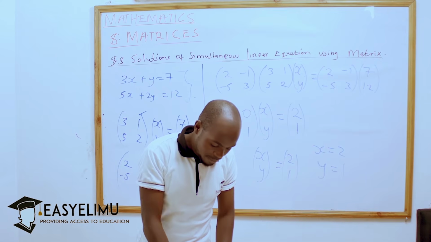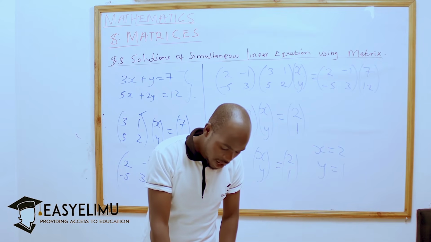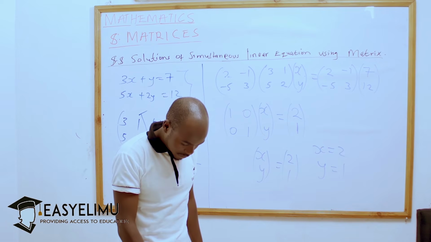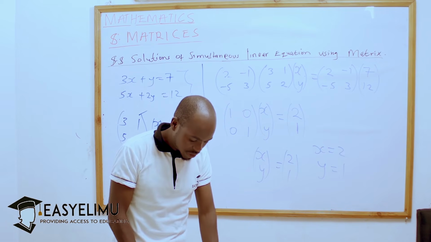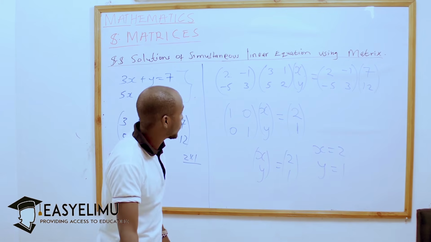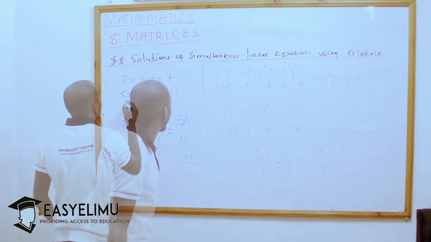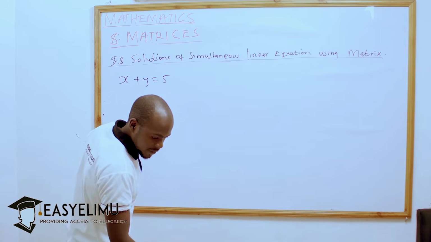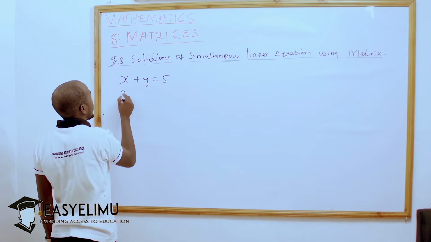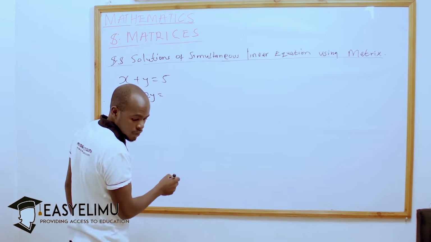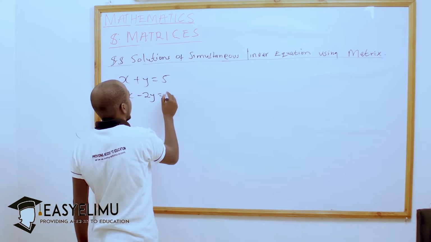With that example, we will see how we can work out another one. For example, I want us to work one which depends on negative, which is subtraction. Let's work out x plus y equals 5, and another one is 3x minus 2y equals 0.